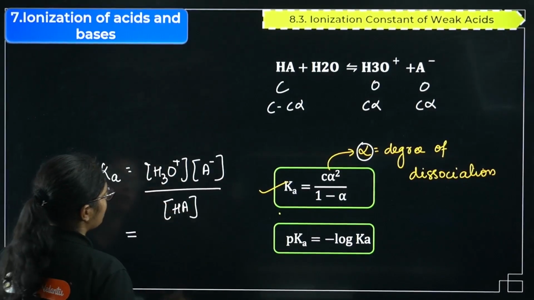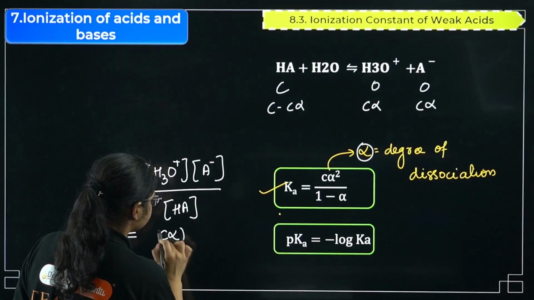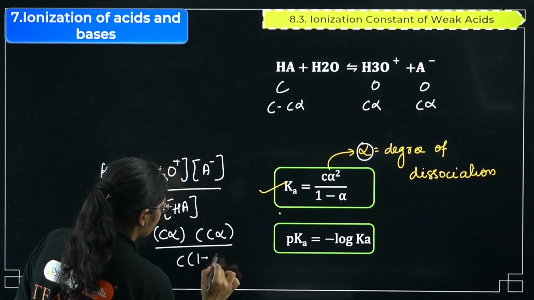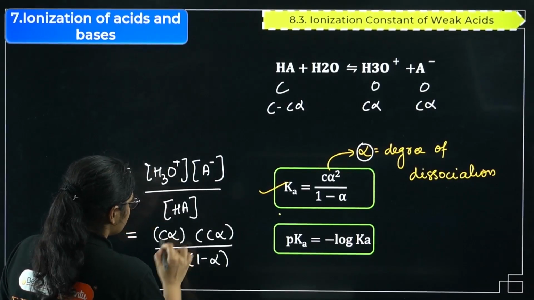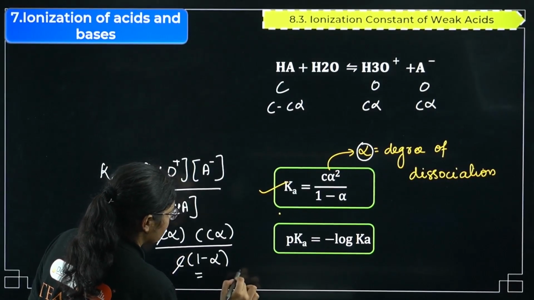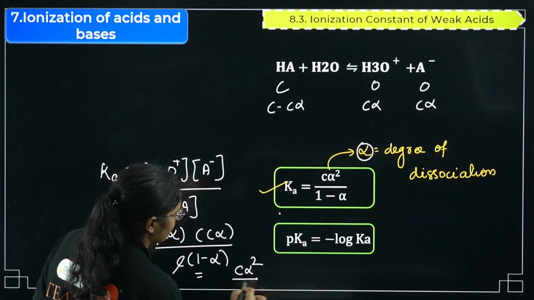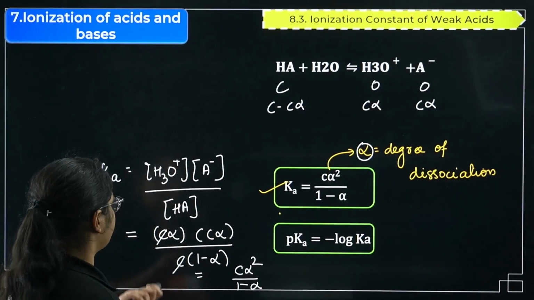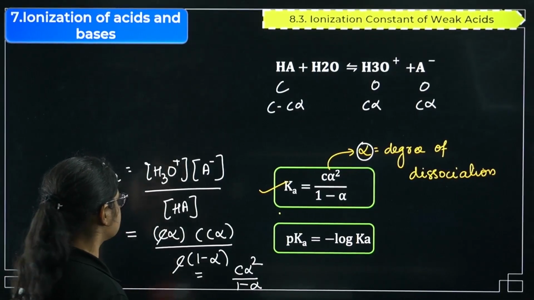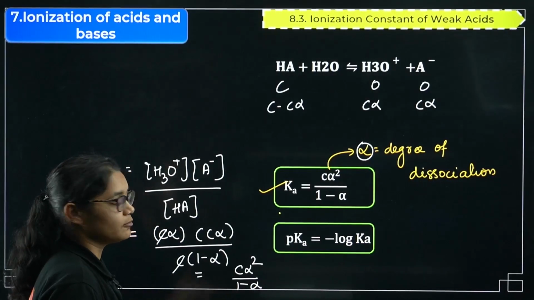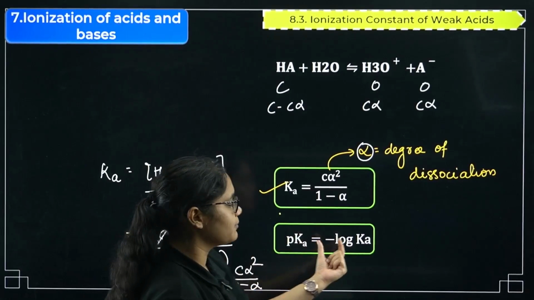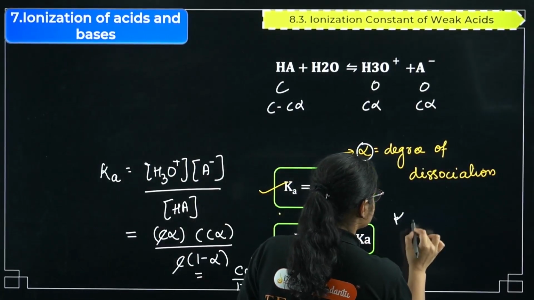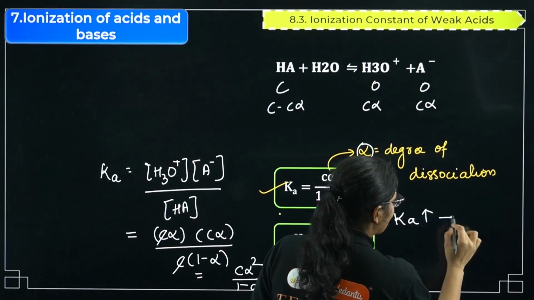Here H3O plus is C alpha, A minus is C alpha, and HA is C into 1 minus alpha. So when this is cancelled, we get C alpha square by 1 minus alpha. Okay, clear? Fine. Now this Ka can also be written in the form of pKa, that is pKa is equal to minus log of Ka. Remember, if the Ka value is very high, that means the acid is strong.